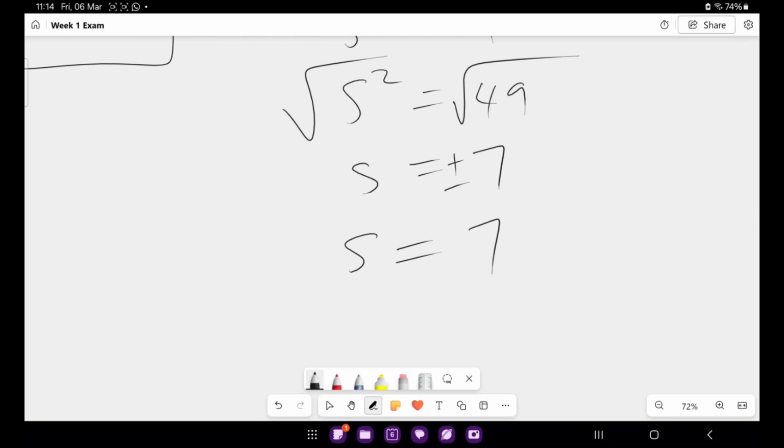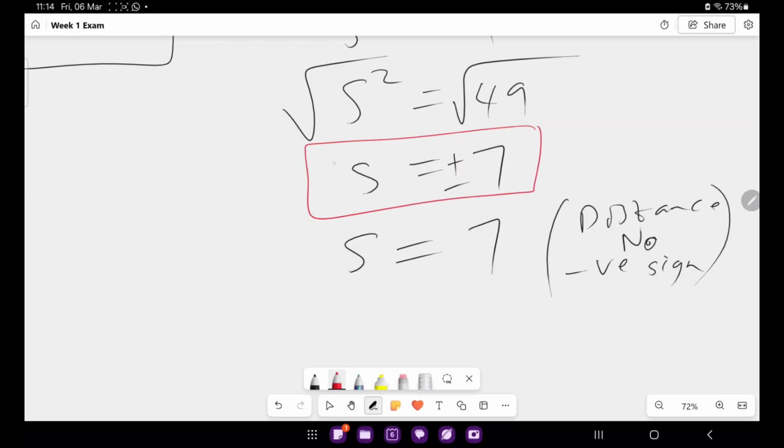Then what happened to the negative sign, you might ask? We ignored the negative sign. Why? Because when we're dealing with distance, we don't have a negative sign. No negative sign when we're dealing with distance. So in most cases, you wouldn't even include this step.